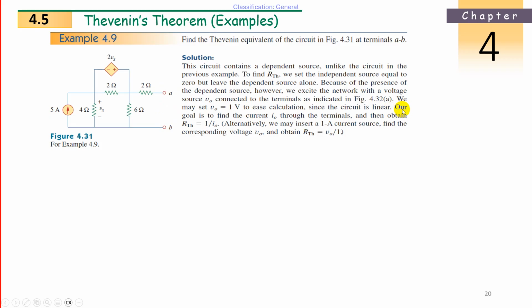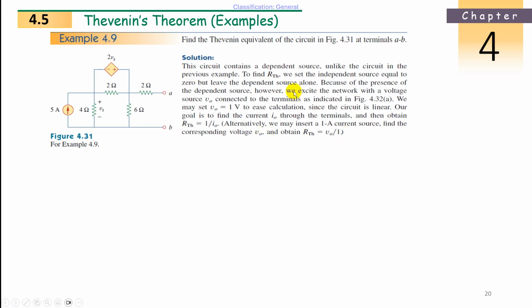Since the circuit is linear, our goal is to find the current I0 through the terminals and obtain RThevenin equal to V0 divided by I0. Alternately, we may insert a 1 ampere current source across A and B, find the corresponding voltage V0, and obtain RThevenin equal to V0 by I0, that is 1 ampere.